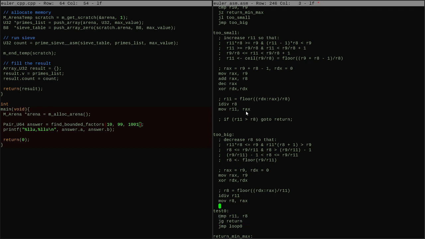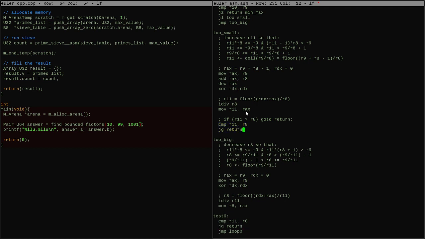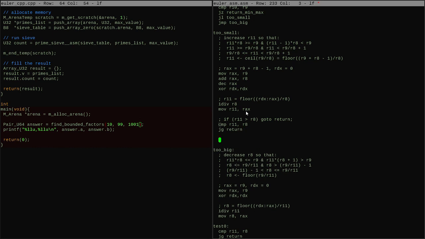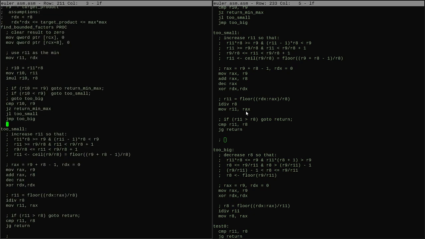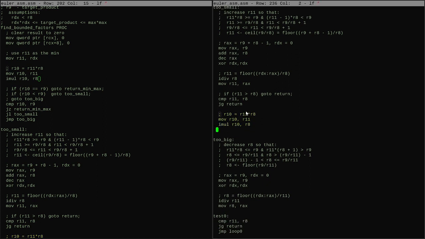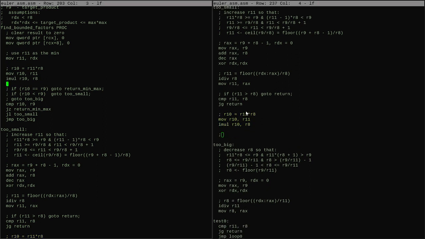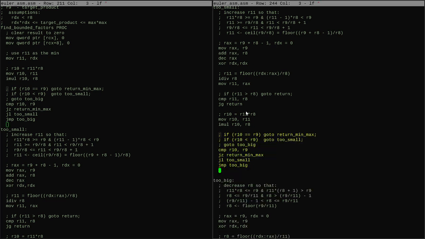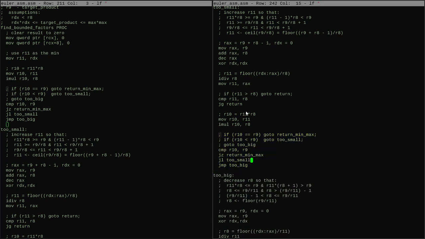That's this stuff here. Otherwise, do this. And the new part here is what used to happen in loop 0. So we'll do the multiply. Yeah, we could definitely get rid of the multiply. That would be the best part. Basically, we're doing this part separately, except now we know we're not going to go to too small.